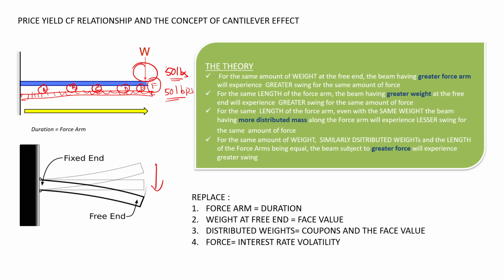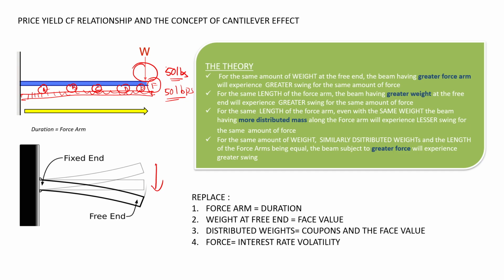The one where the weight of the ball is more will again swing more violently. The one where the weights are equally distributed will swing less violently than the ones where the weight is concentrated at the extreme end of the barbell, for equal weight and equal length of the beam, right? This is a simple class 7, class 8 deduction of physics.